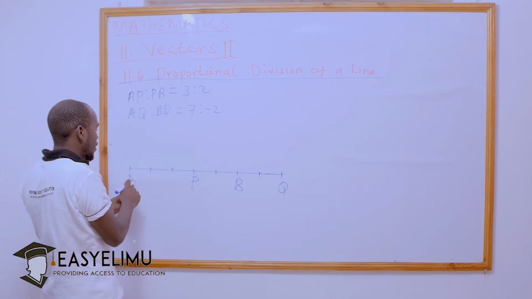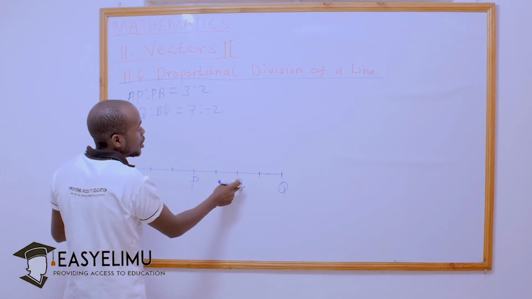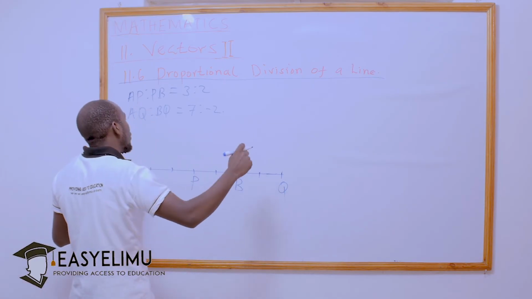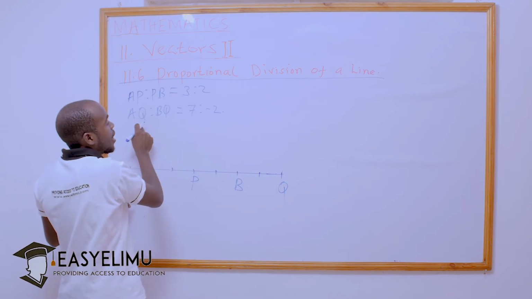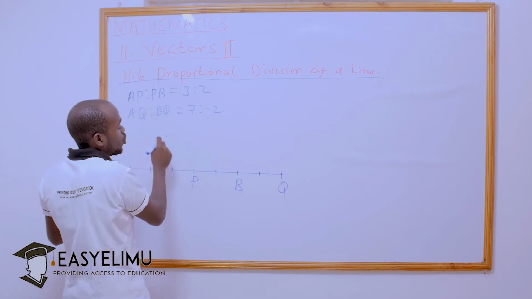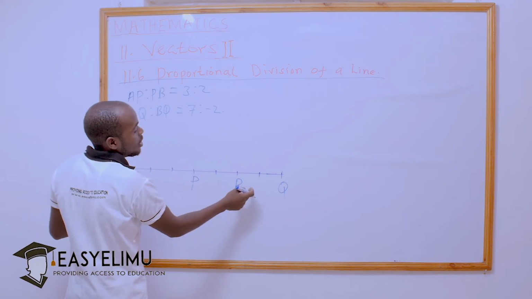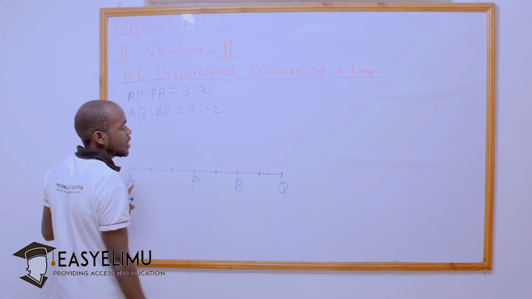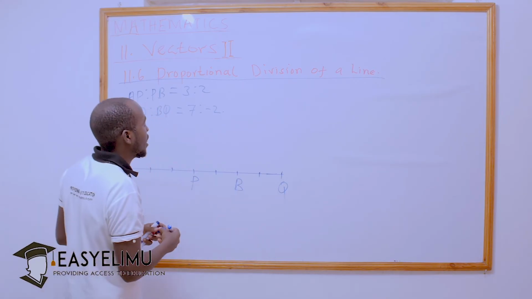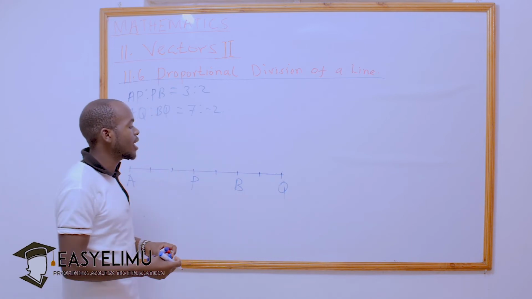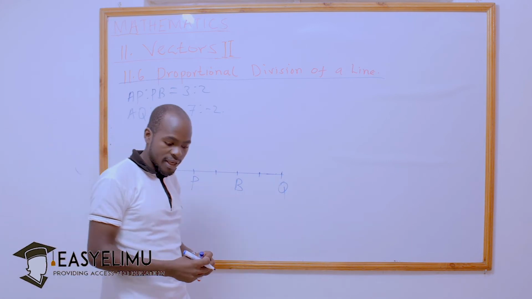So from B to Q, you subtract 2 from what you had earlier: 7 minus 2, so B is 2 steps behind Q. That is negative 2, as we can see. That is how it is given.